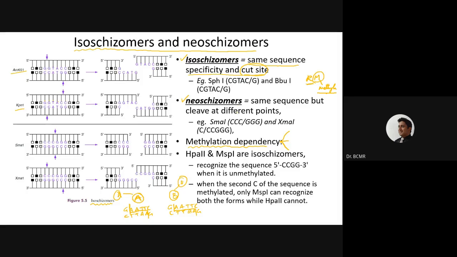But there are some restriction modification systems where there are variations to what we are discussing. The first one you can call methylation sensitive. That means if a restriction site is methylated, then that restriction enzyme cannot act.